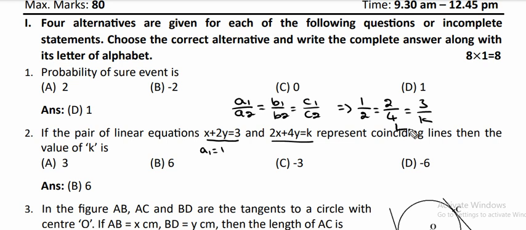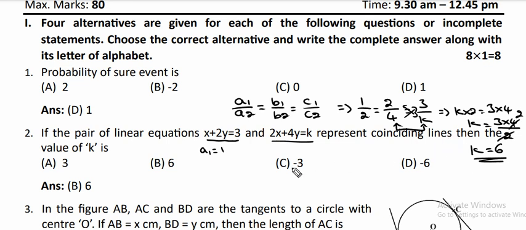Consider only any two ratios here, 2 by 4 and 3 by k, and by cross multiplying you get k into 2 is equal to 3 into 4. If you transfer this 2 to the right hand side, that gives k is equal to 3 into 4 divided by 2. Two twos are 4, so k is equal to 3 twos are 6. So here we take 6 as the answer. Option B is the correct option.